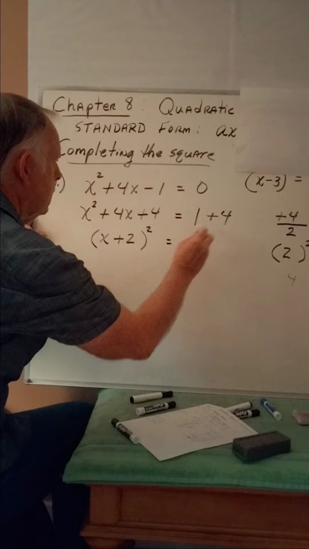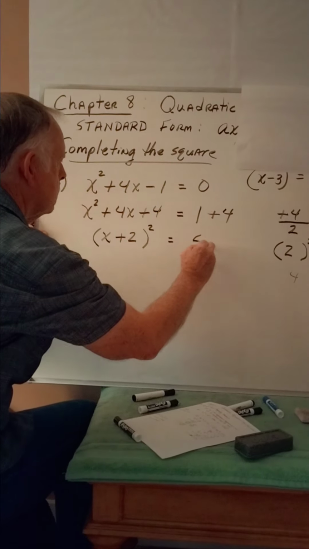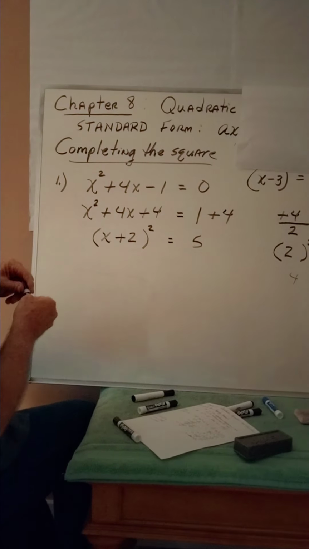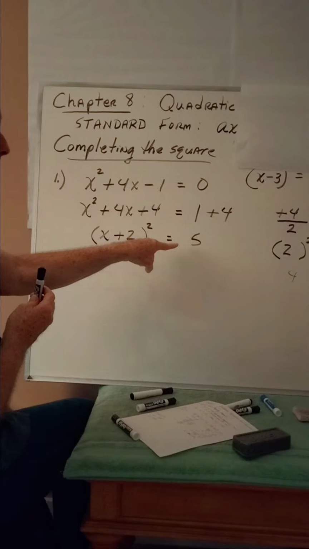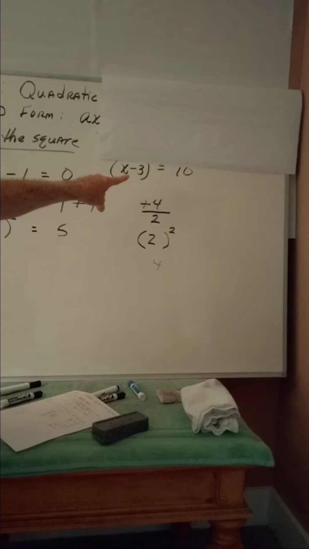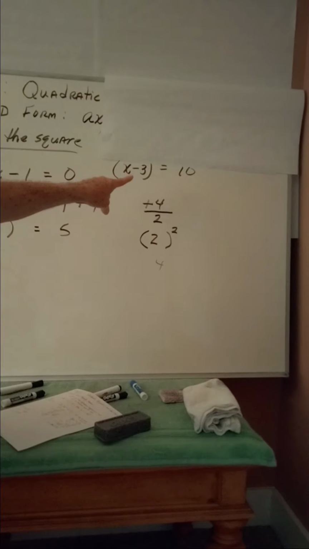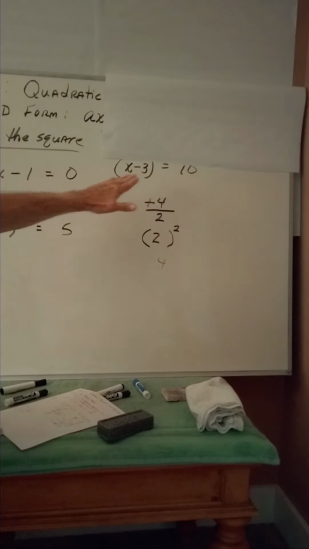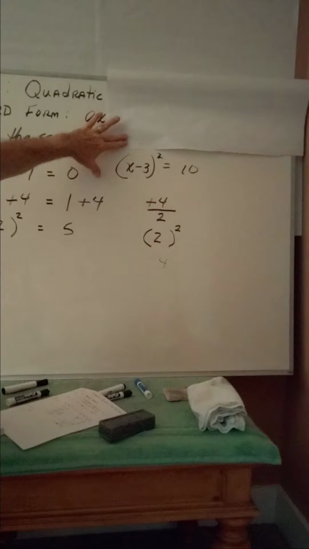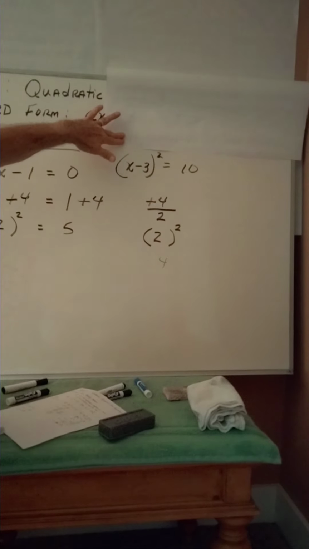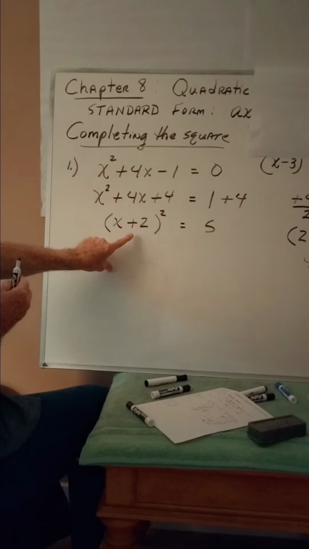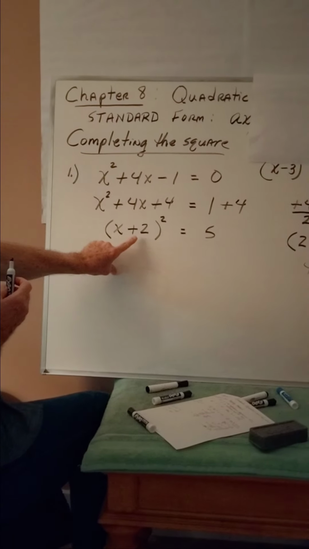And it will equal 1 plus 4, 5. Look at this. And look at the one below my sheet of paper right there, which I think you can still see. They are the same structure. The same structure. Now we'll use the square root method.